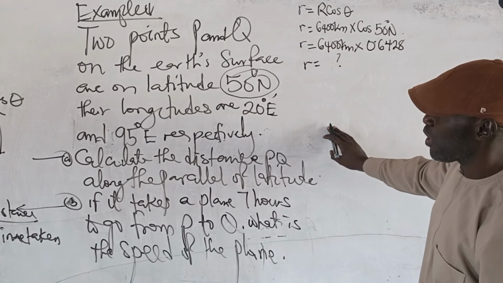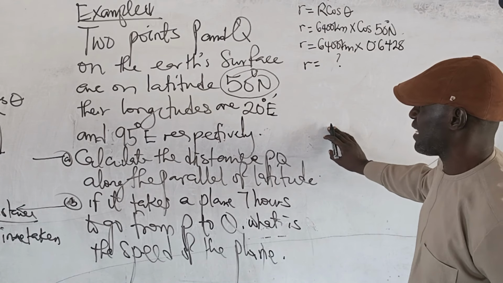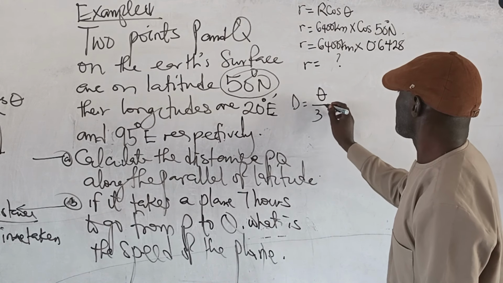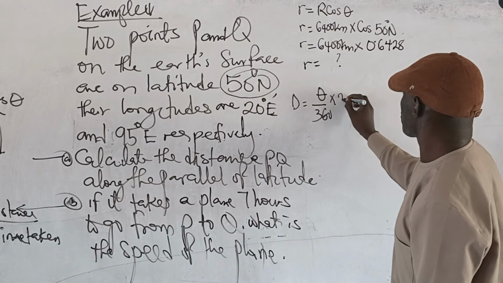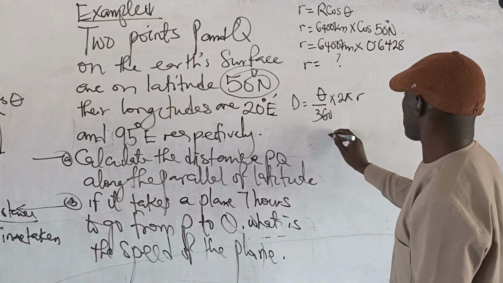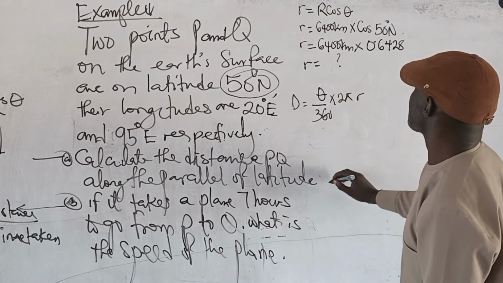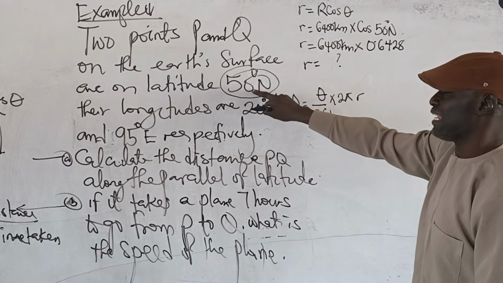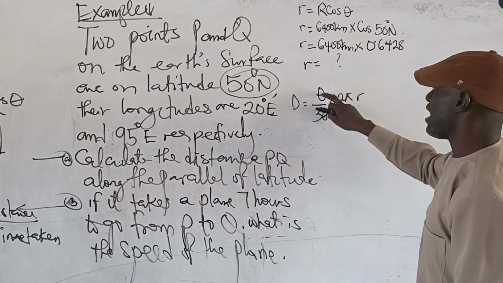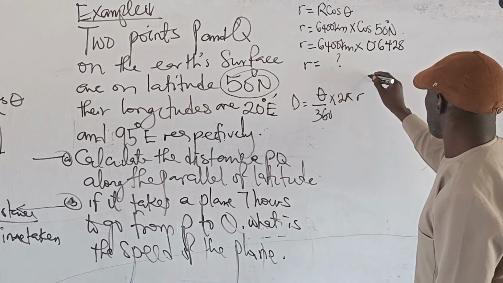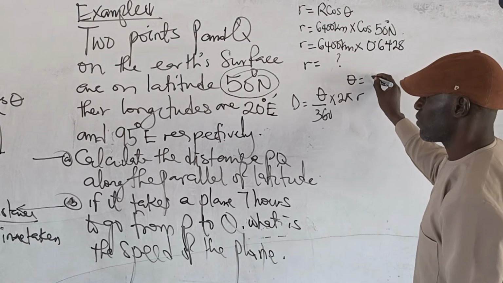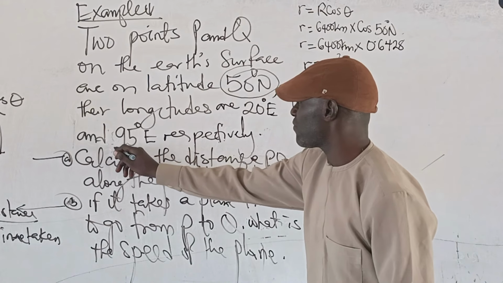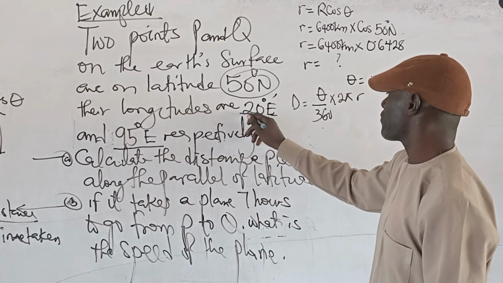By using the normal formula we are supposed to apply, which is theta over 360 times 2 pi small r, don't forget the theta. We have two thetas. The first theta goes for the latitude. The second theta, in the distance, goes for the longitude. We have 95 degrees east, and we also have 20 degrees east.